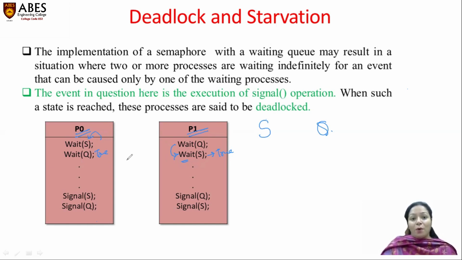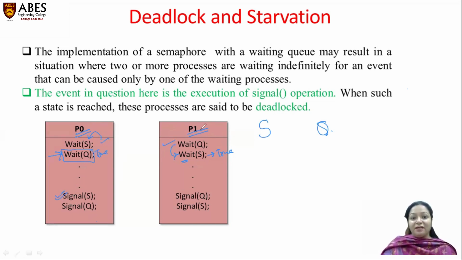So here what we can see is process P0 and P1 are depending upon each other to release any one of the semaphores that are being acquired by them in the first instructions. Now process P0 cannot execute the signal instruction because process P0 is stuck here in the second instruction, that is wait Q, which is always true for process P0.